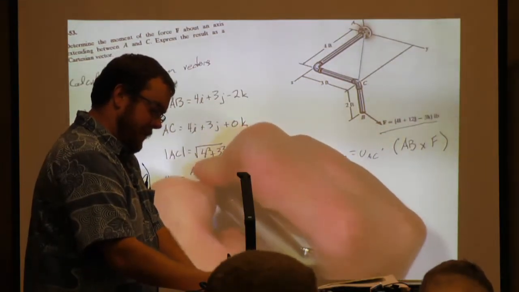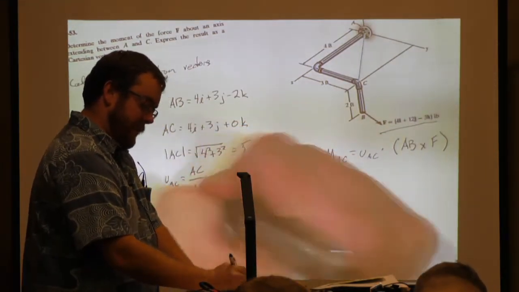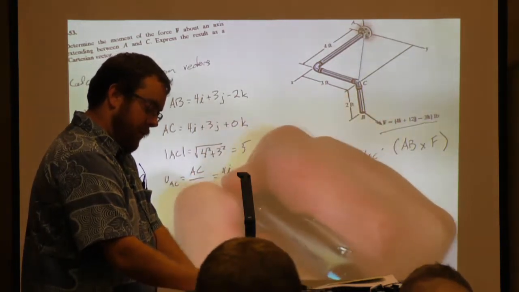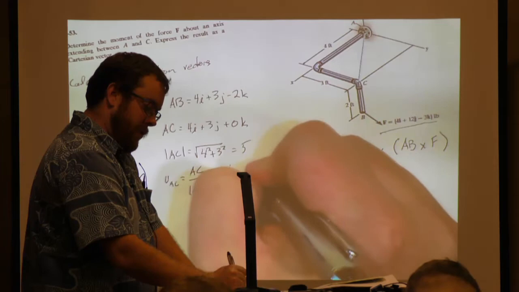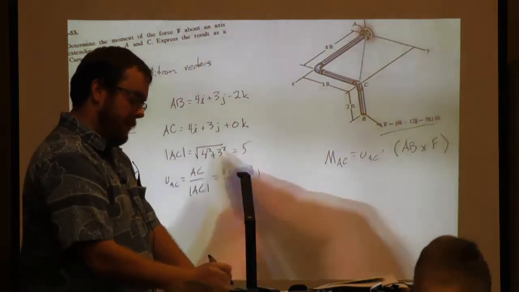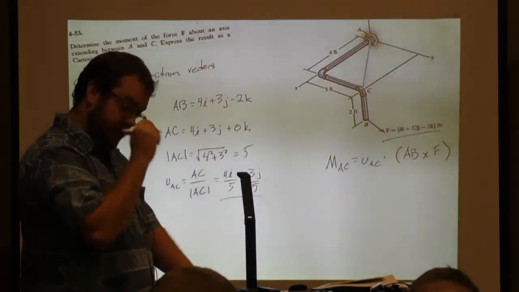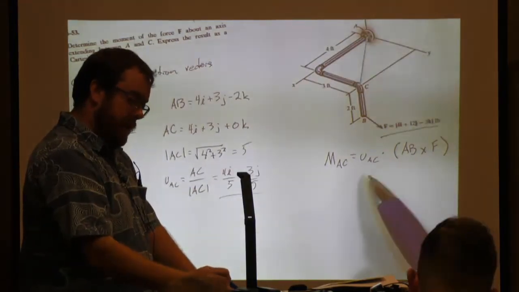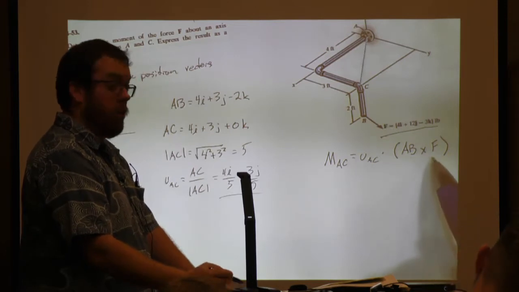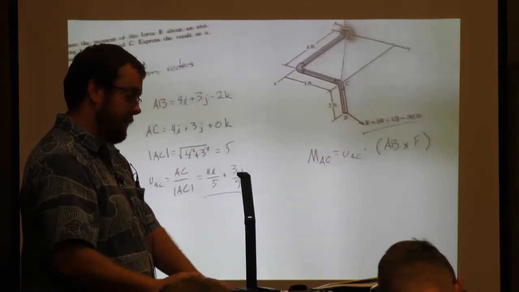So it's just going to be AC over mag AC, right? So that just leaves us with 4I over 5 plus 3J over 5. All right? And that's going to be our unit vector. All right. So we have AB, we have unit vector AC, and we have force F. So we can go ahead and solve for the moment.